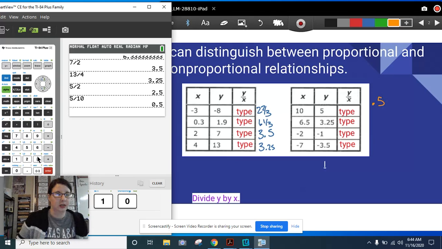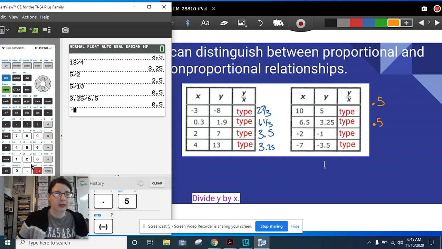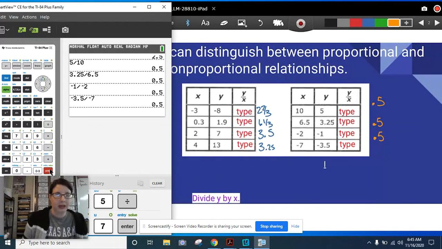And then 3.25 divided by 6.5, I'm getting 0.5 again. Well, negative 1 divided by negative 2, I get 1/2 last time. What do we think this last one might be? Let's see. Negative 3.5 divided by negative 7.